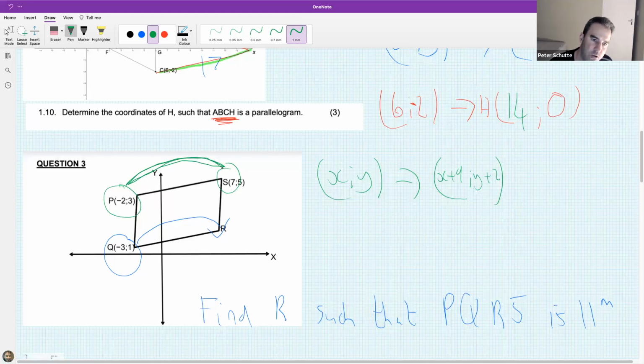But now I'm going to use the directions because they have to be the same as the blue one. And I write down -3, 1. And I want to get to R, but I'm going to use the same directions. What is my point R going to be?